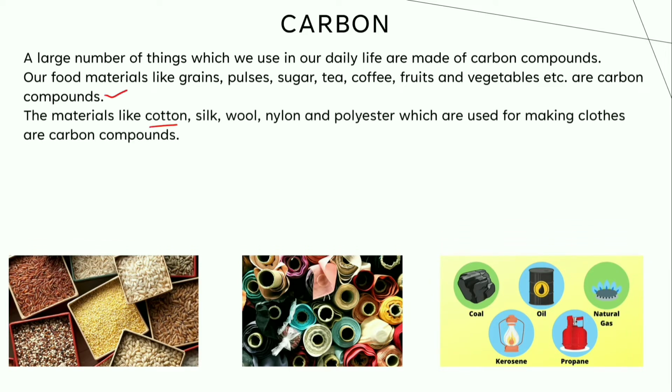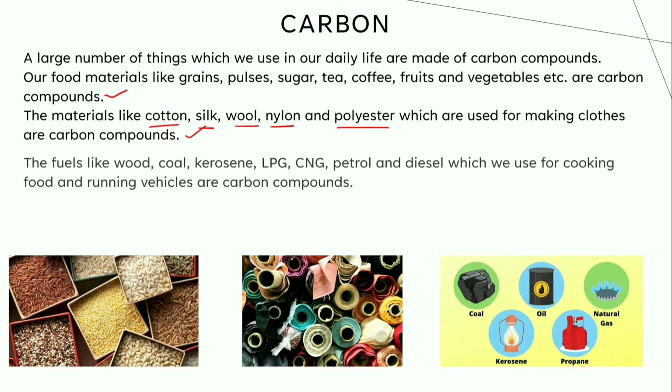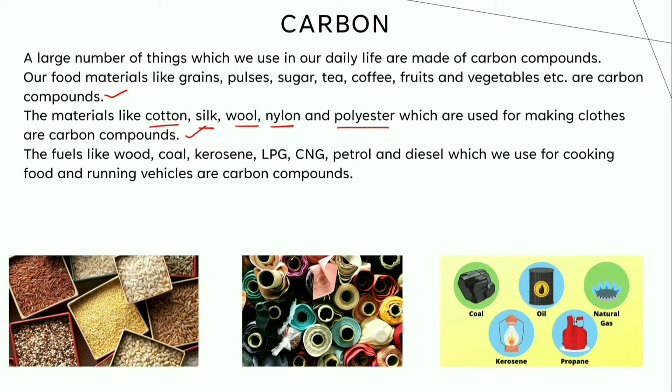The materials like cotton, silk, wool, nylon, polyester, which are used for making clothes, are carbon compounds. The fuels like wood, coal, kerosene, LPG, CNG, petrol and diesel, which we use for cooking food and running vehicles, are carbon compounds.